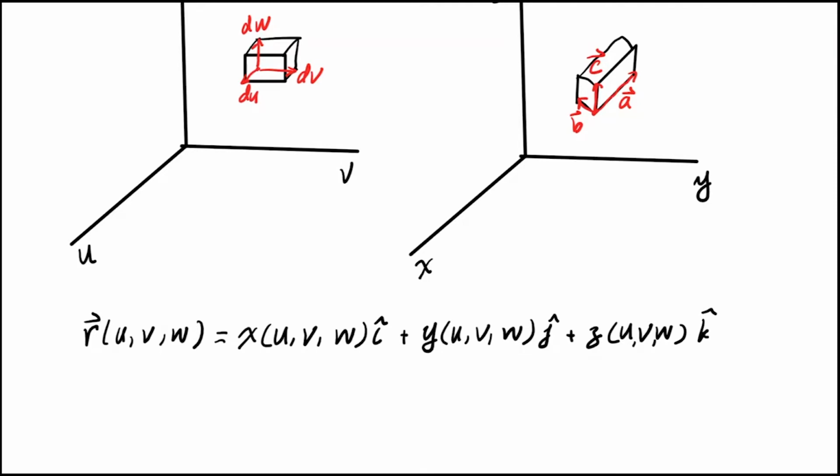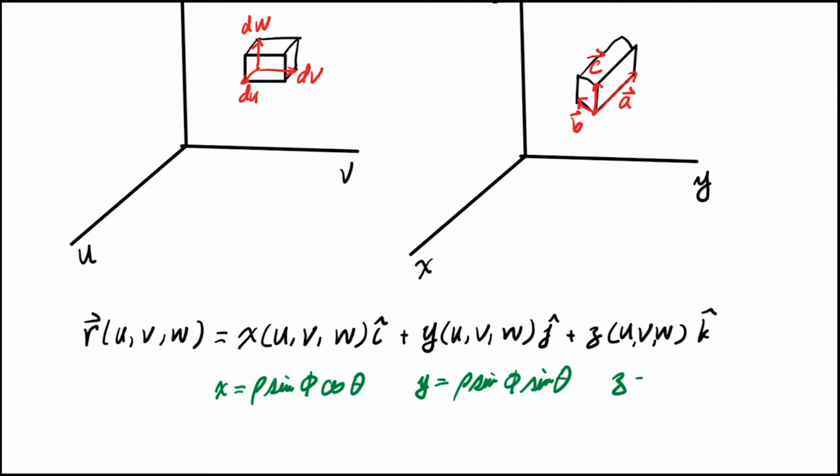This looks scary and ugly, but think like this. Do you remember x in conversion from Cartesian to spherical coordinates? This x was rho sine phi cosine theta. You remember that? And y in spherical coordinates was rho sine phi sine theta.